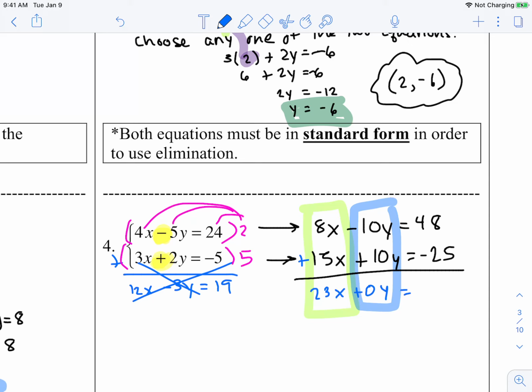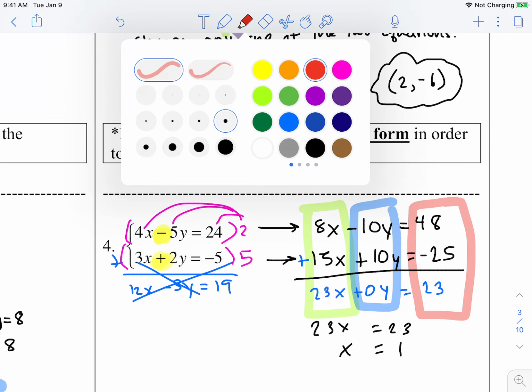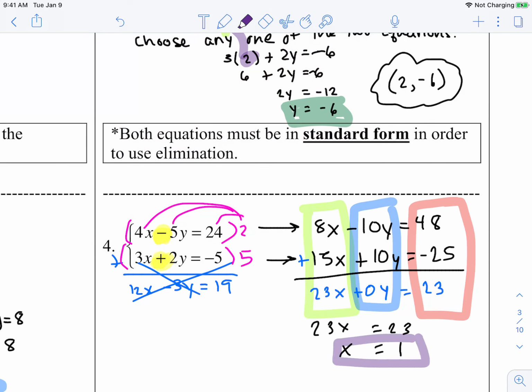And then lastly, we add up the constants, and we get 23. So now we have a new equation, 23x equals 23. The y went away. Divide both sides by 23 and you get x equals 1. So it turns out to be a very friendly answer.